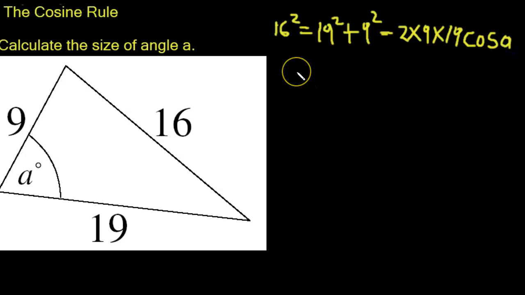And then, where's my calculator? We need some calculations now. So 16 squared is 16 times 16, that's 256. And 19 squared, that's 19 times 19, that's 361.